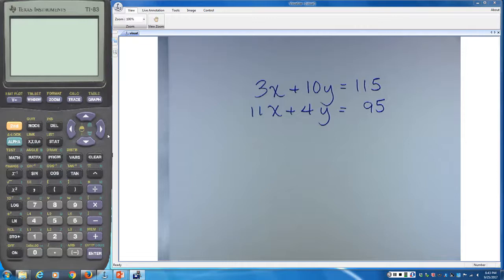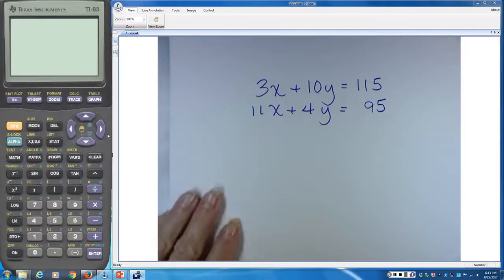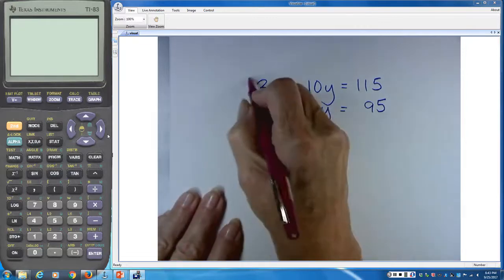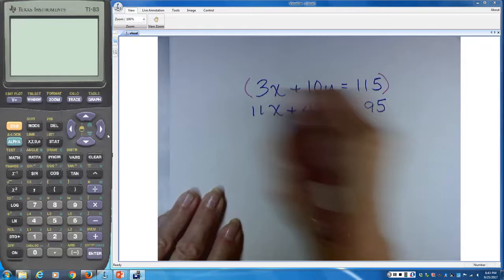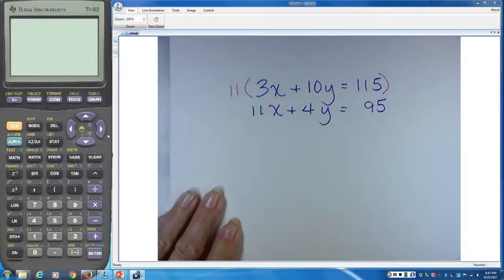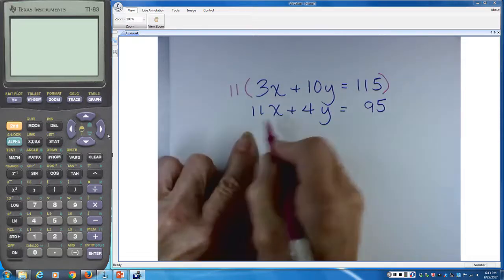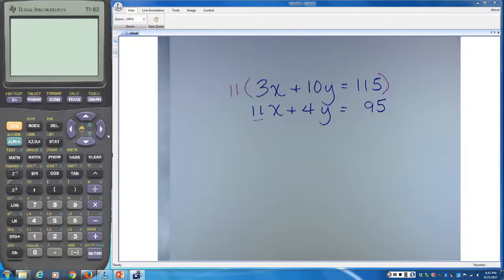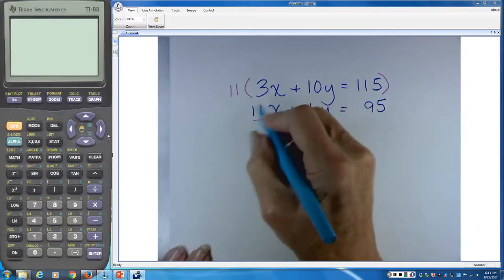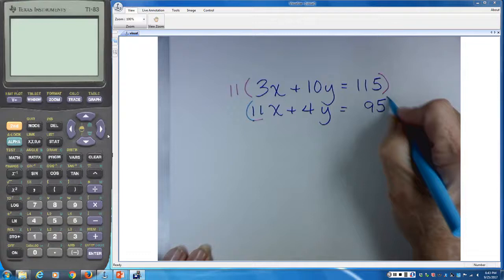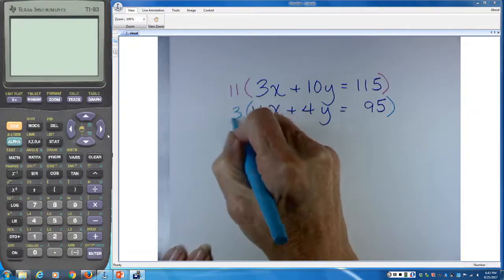So what would happen if I multiplied the first equation by 11, that would be that 11. And I also multiplied the second equation by 3.